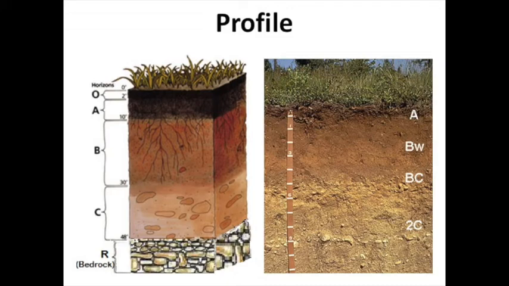Horizon A is also called the topsoil, and we'll talk more about that in just a second. Underneath, you find Horizon B, which is called the subsoil. It's mostly clay that is washed down or leached from the topsoil. Clay is the smallest particle, which we'll learn about later on this week.